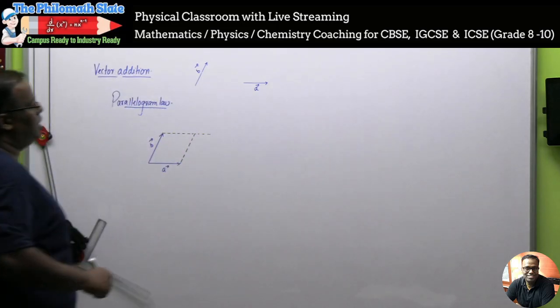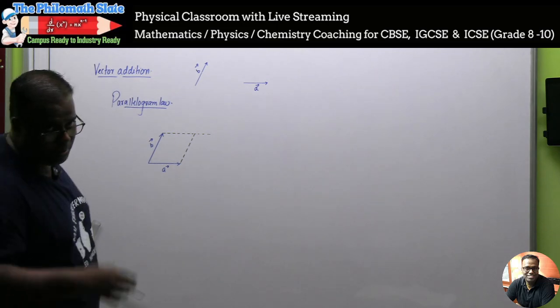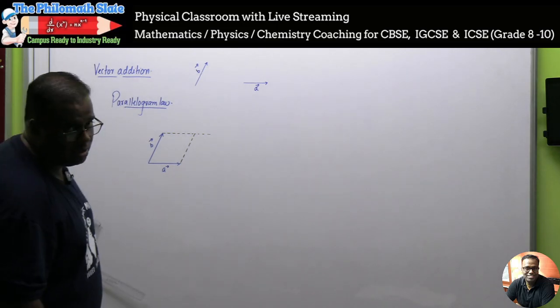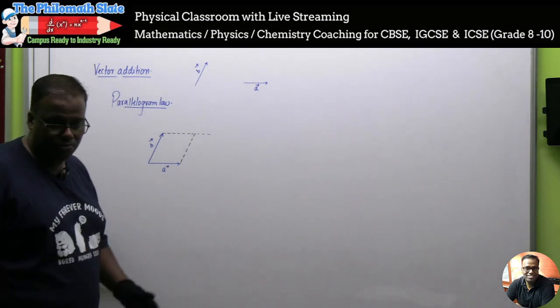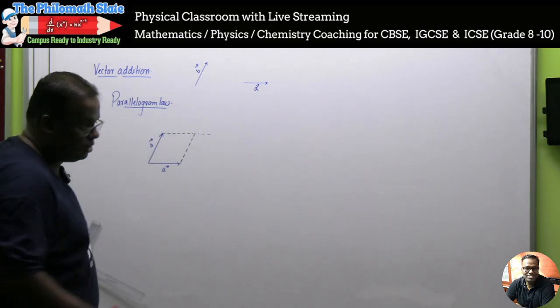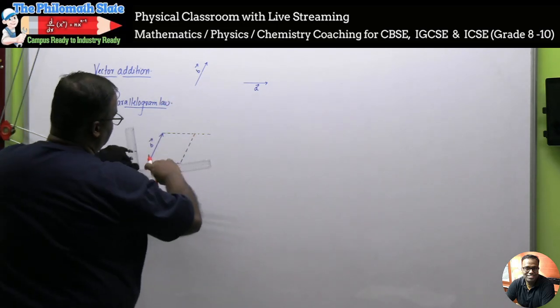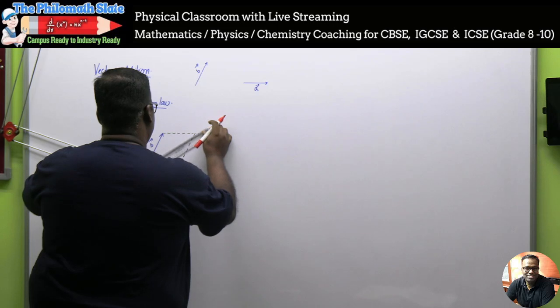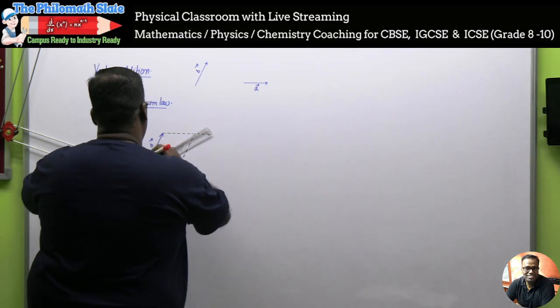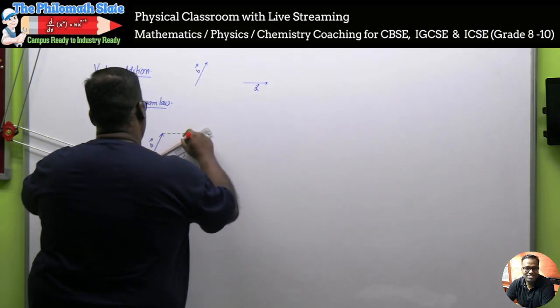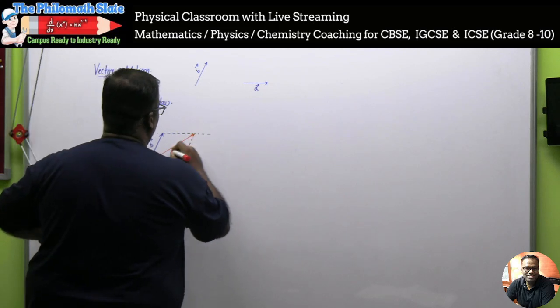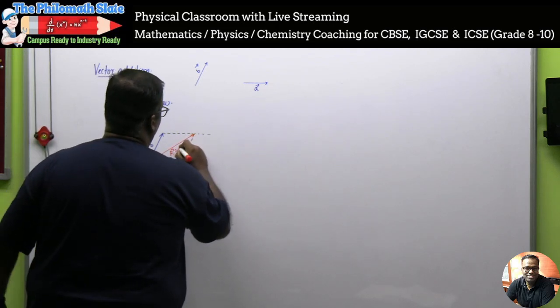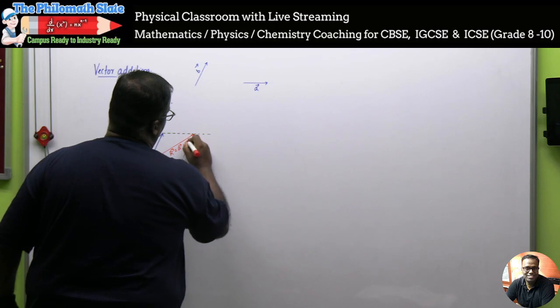Is my imaginary parallelogram ready, children? Tell me. Now, join the diagonal from the common origin to the opposite corner of the parallelogram. Means something like this. And this would be giving your resultant vector of a plus b.